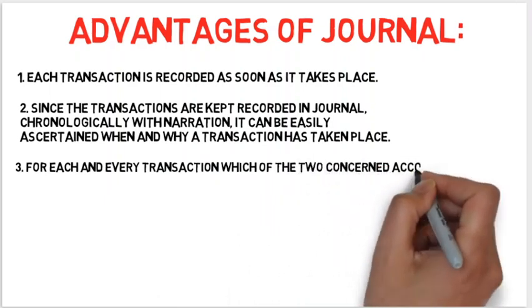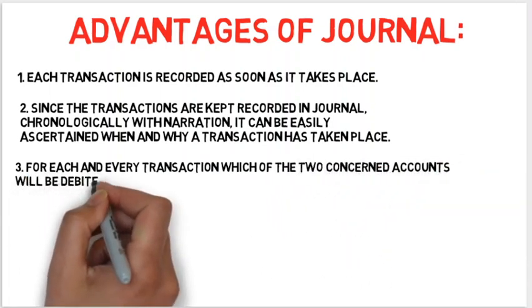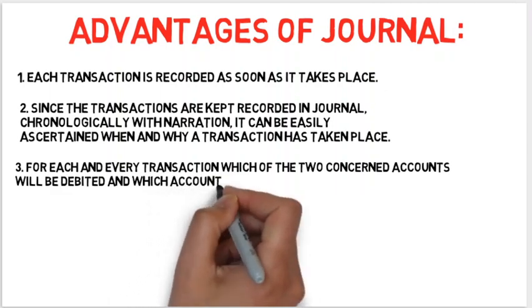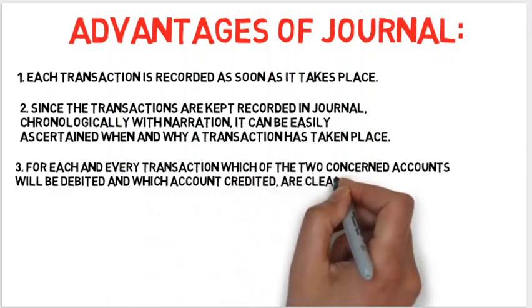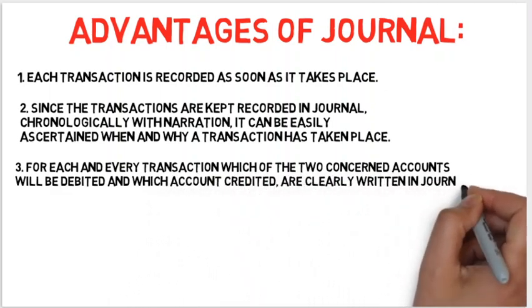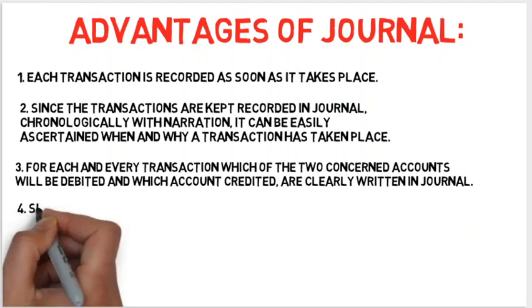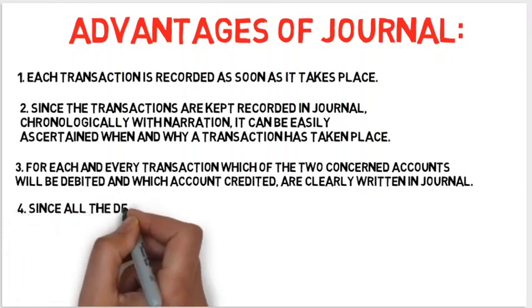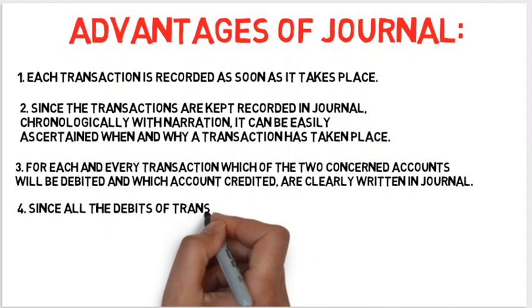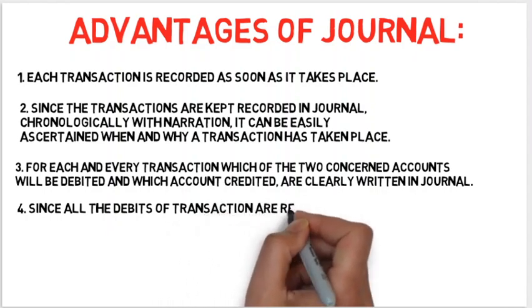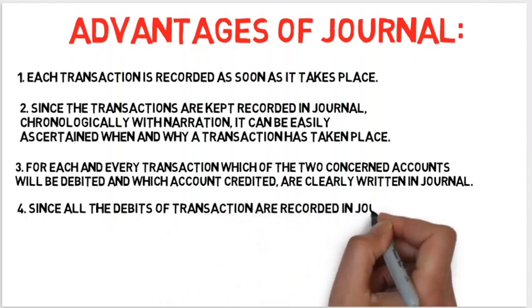Third, for each and every transaction, which of the two concerned accounts will be debited and which account credited are clearly written in journal, so there is no possibility of committing any mistake in writing ledger.